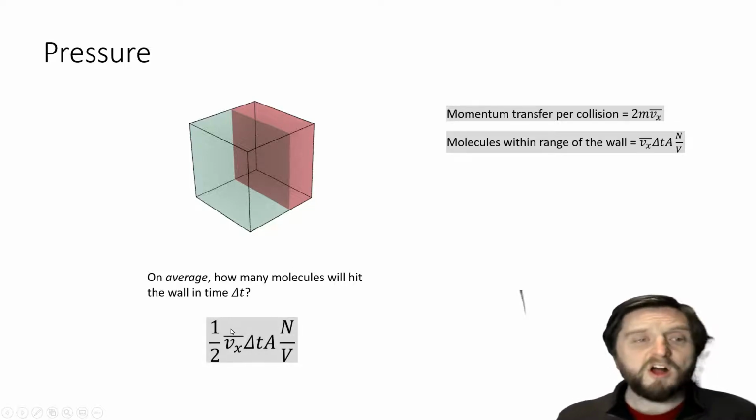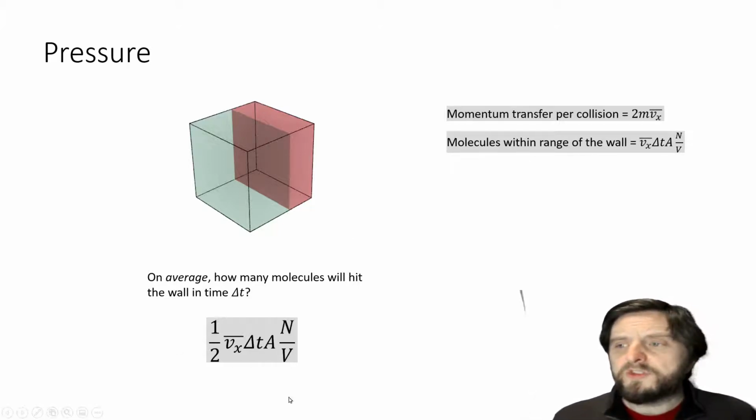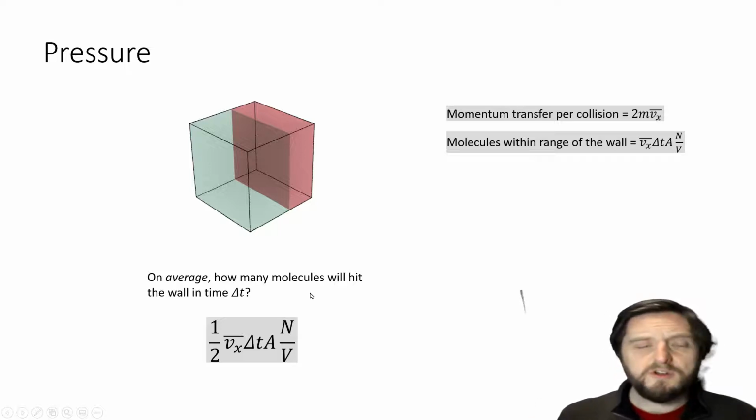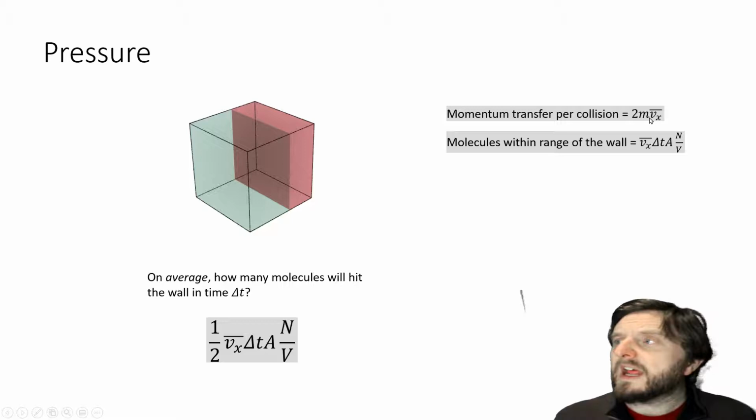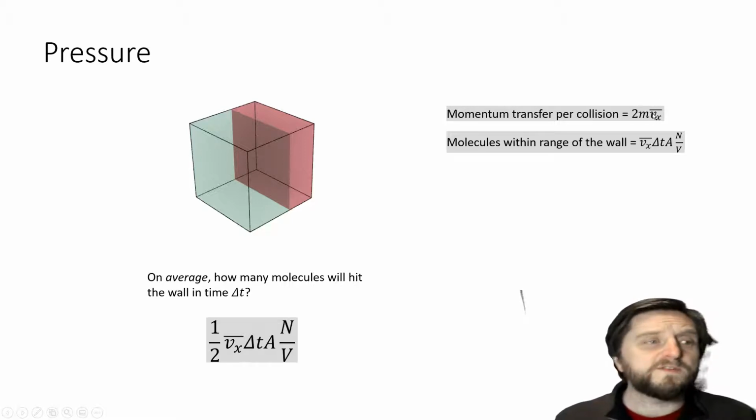So only half of those molecules will actually hit the wall. The other half will be going the wrong way. So what this number represents is the number of molecules that will hit the wall in time delta t, and every single one of them will transfer this much momentum to the wall.